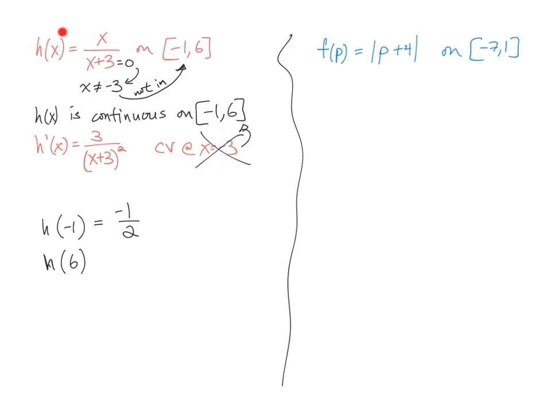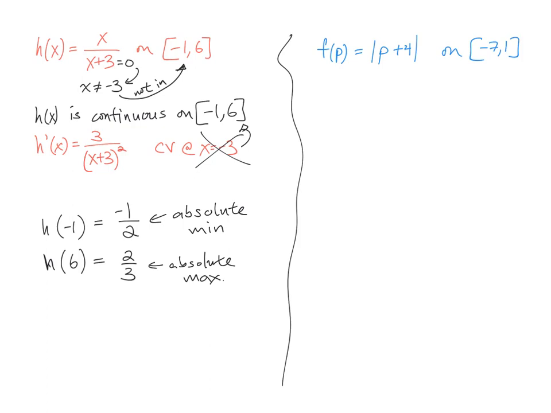Now we're back up here working with the original function. From there, we can find h of 6, which would be a positive 2/3 if you just substitute 6 in up here. And finally, we can say the absolute minimum is -1/2, and the absolute maximum is 2/3 for this particular function on this interval.